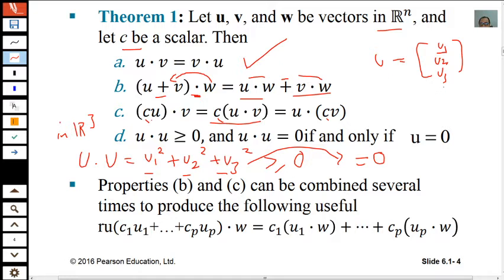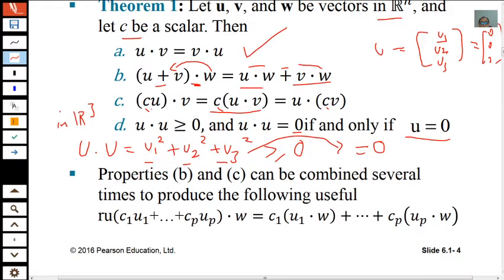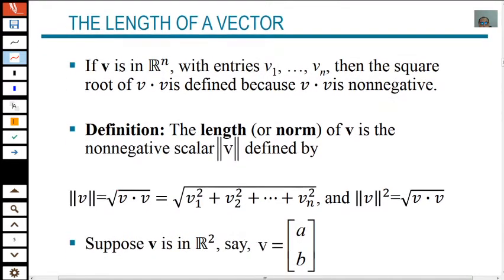Therefore, all components will be 0, which means that u is the 0 vector. And conversely, if u is a 0 vector, the dot product by itself will be 0, since every component is 0.